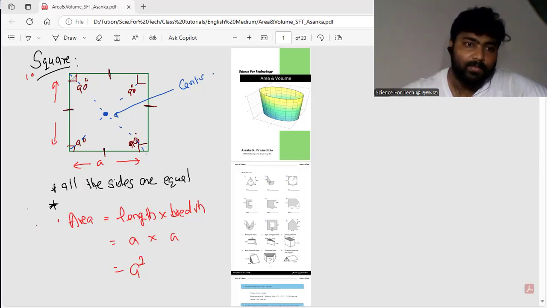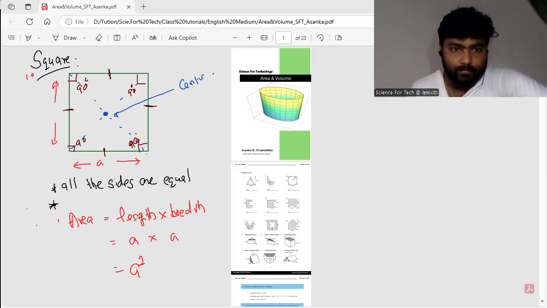Interior means inside the angle, okay? All the interior angles are 90 degrees.